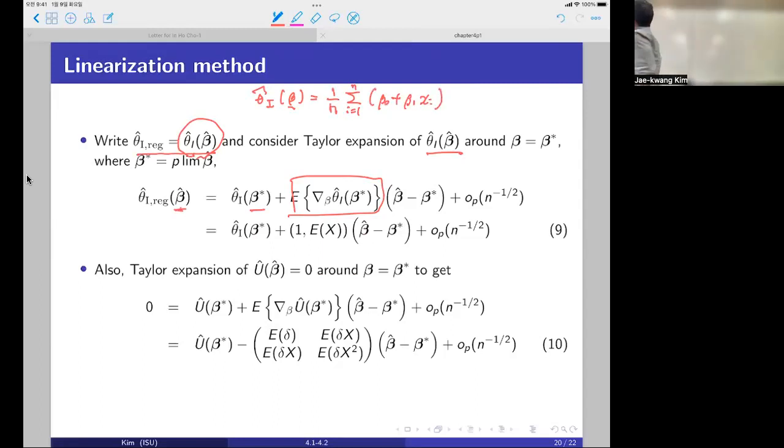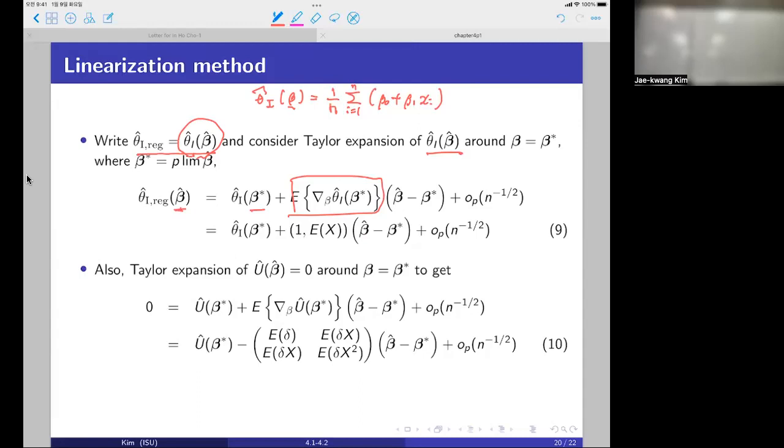So this is my functional form of the imputation estimator. If I plug in here, then I have a hat here. So the first thing to start is to determine the functional form and then evaluate the expectation of its tangent, right?